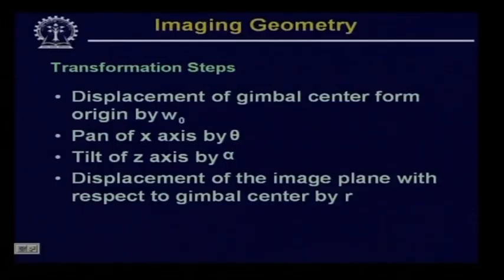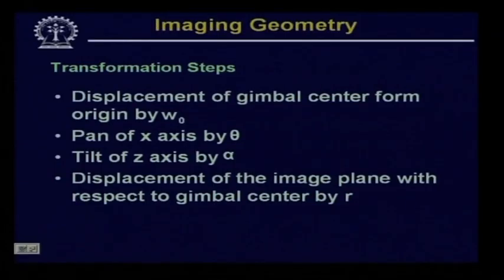From this we displace the gimbal center from the origin by the vector w naught, and after that we pan along the x axis by an angle theta, followed by a tilt around the z axis by angle alpha, which will be followed by the final displacement of the image plane with respect to the gimbal center by the vector r.